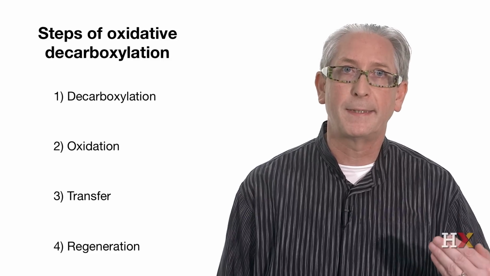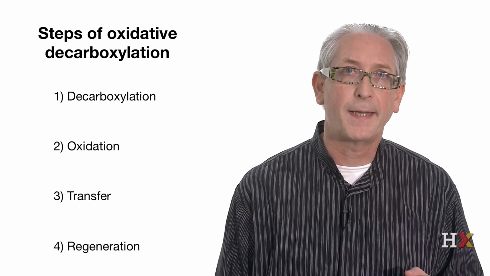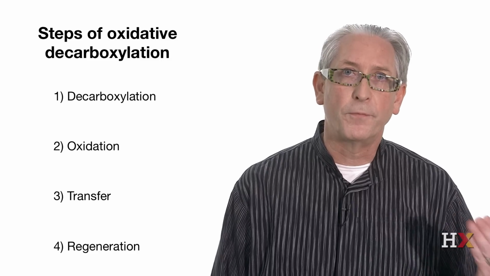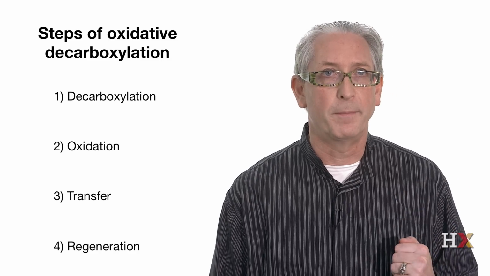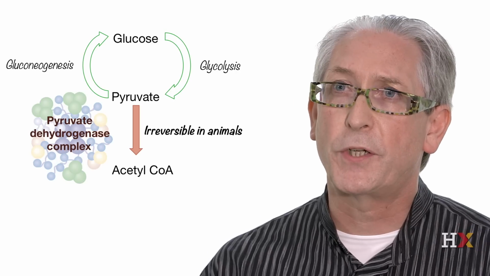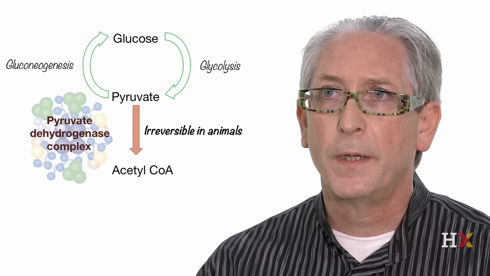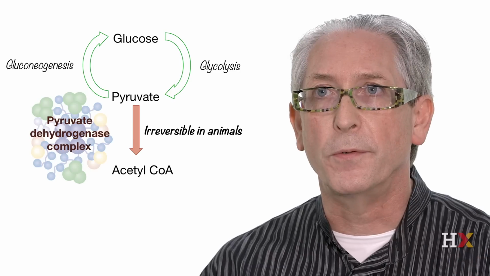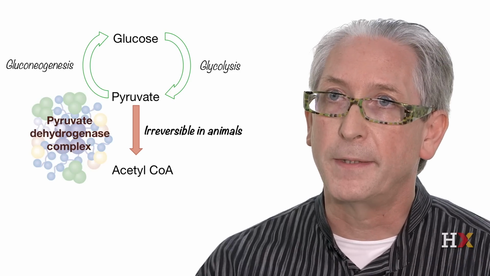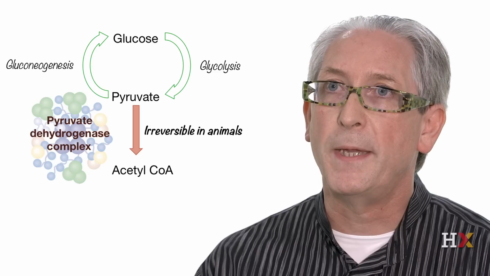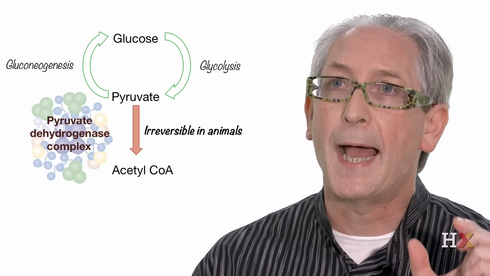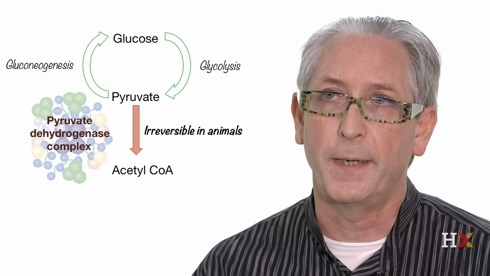Before we explain in detail the steps of catalysis, let's consider a little bit more the conversion of pyruvate to acetyl coenzyme A. This is a very exergonic reaction which is irreversible. Carbon atoms from glucose during glycolysis are incorporated into pyruvate and then will be incorporated into acetyl coenzyme A, or into the acetyl group bound to coenzyme A.